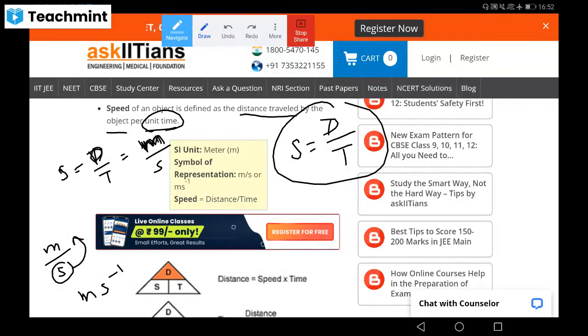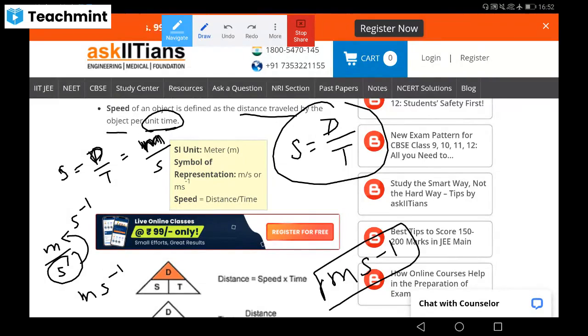As long as it was in the denominator, it was s power 1. When you take it to the numerator, this power 1 will become minus 1. That is why it becomes m s power minus 1, that is m s inverse 1.